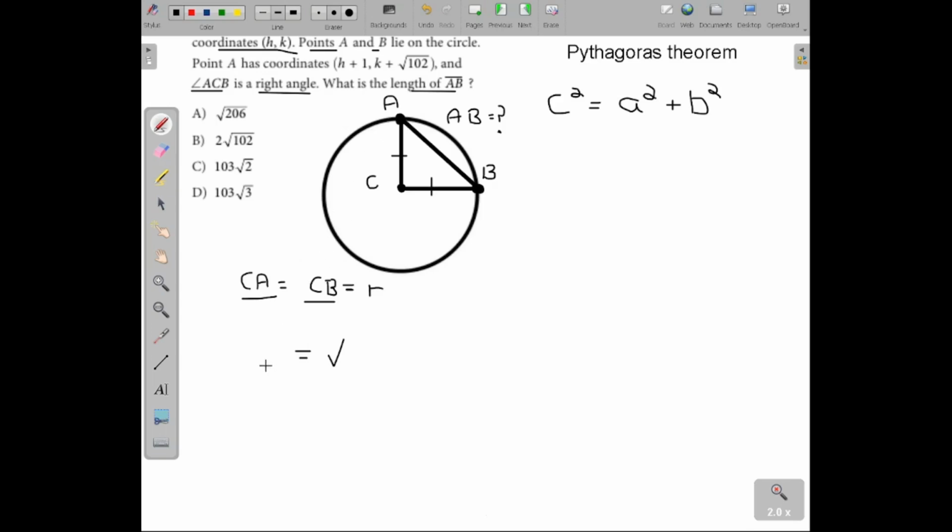The segment CA or CB is equal to the square root of x sub 1 minus x sub 2 to the square plus y sub 1 minus y sub 2 to the square.